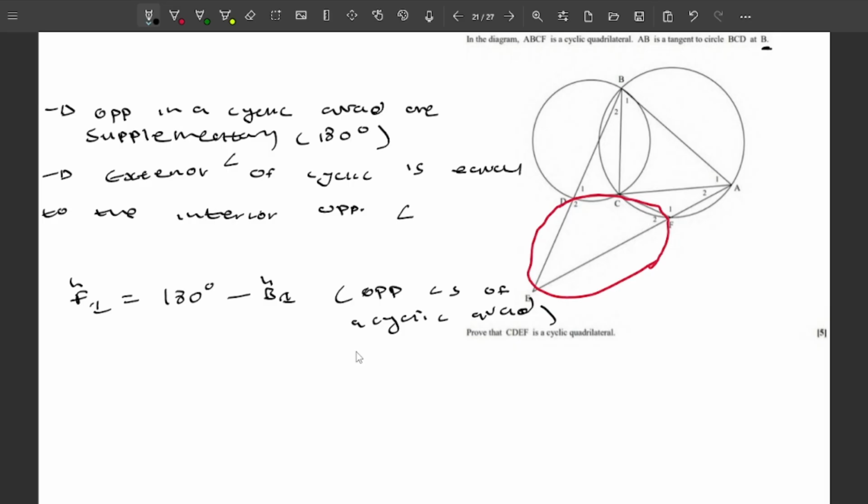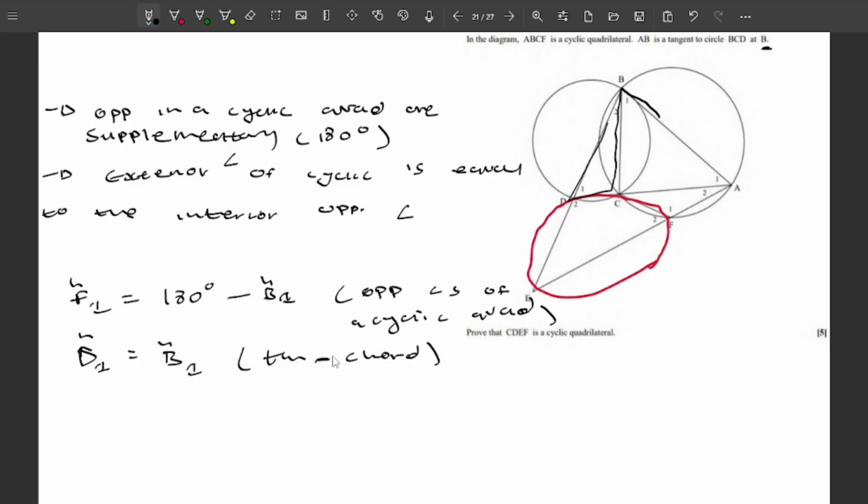Tan quad alternate, meaning that angle D1 is equal to angle B1. Why? Tan quad alternate.